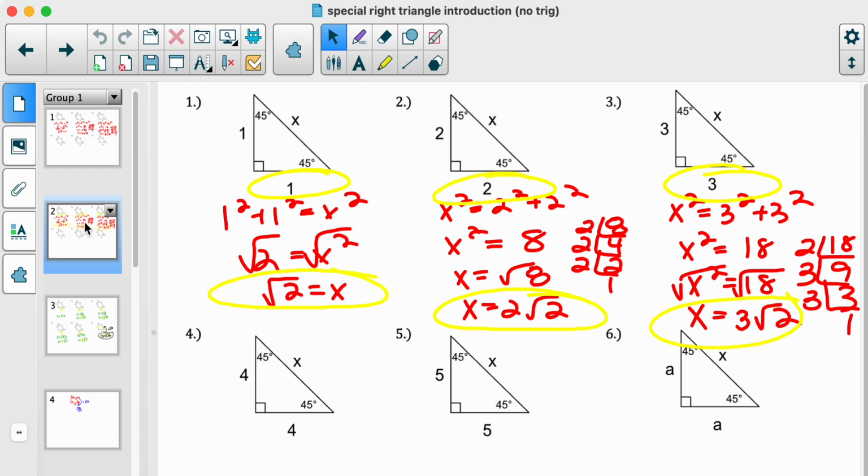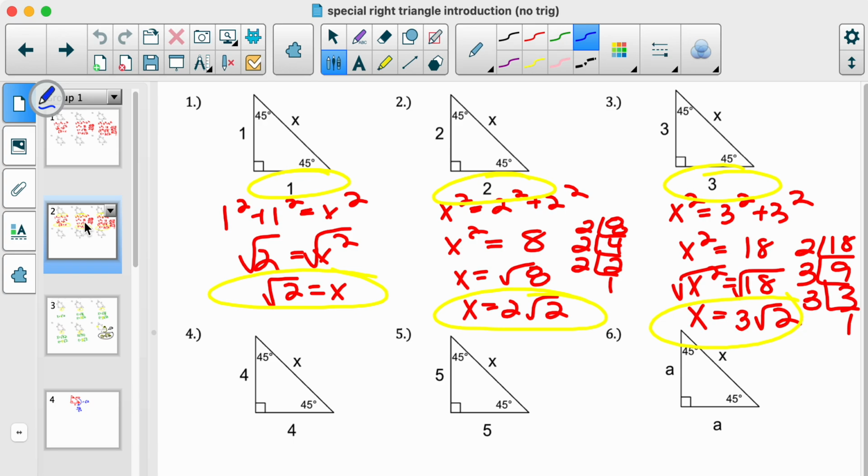The square root of 2 is showing up every single time. And the leg length is in front when you put it in reduced radical form.